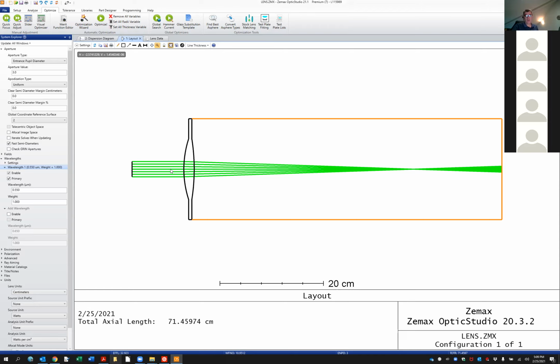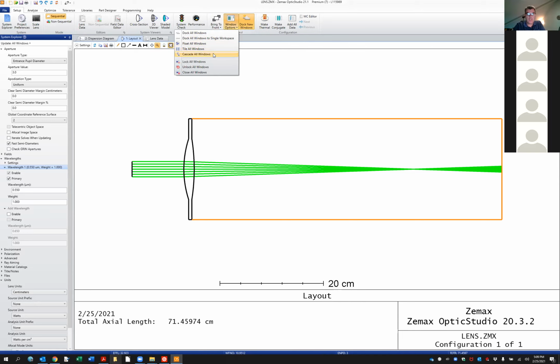Anybody care to guess why the focal point has moved? Sorry, what did we just adjust that led to the focal length changing? Here, I'll change the setup so we can see both windows at once.